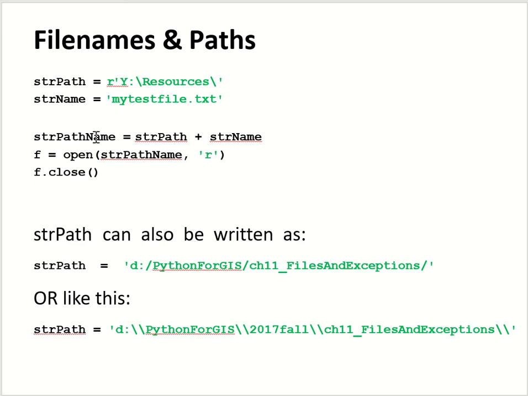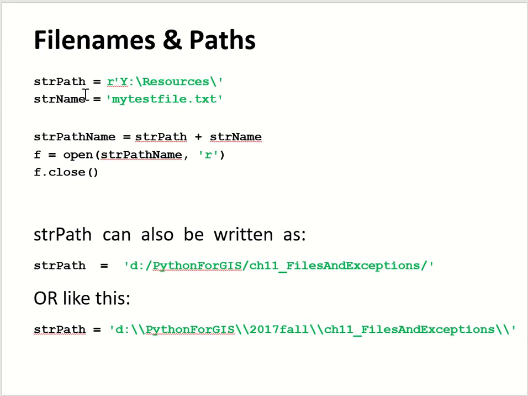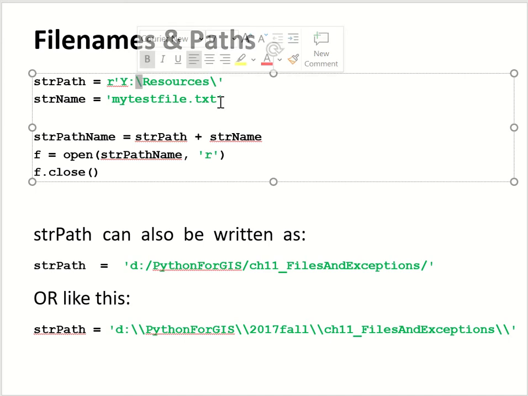So here's kind of a basic setup for some reading and writing of files. So we have the str path, the string path, folder resources on the Y drive, and then the string name, the specific name of the file. Note that all backslashes, marking a kind of hierarchical relationship, folder within a folder or a folder on a drive, is within the string path.